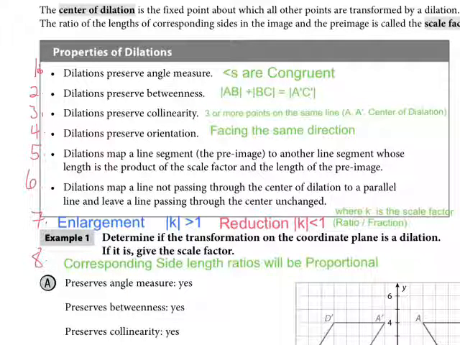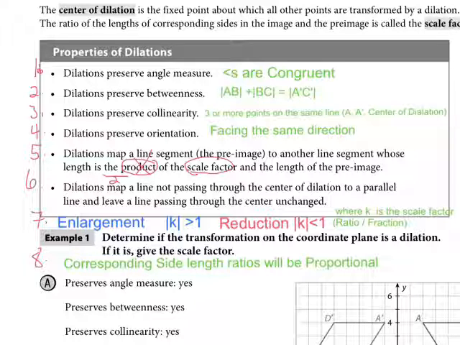Okay, and number 5, dilations map a line segment to another line segment whose length is the product of the scale factor and the length of the pre-image. So basically, if I multiply by the scale factor, I find out the measurement of this segment here, and let's say the segment is 2, okay?